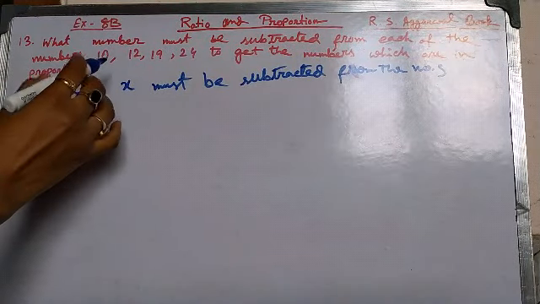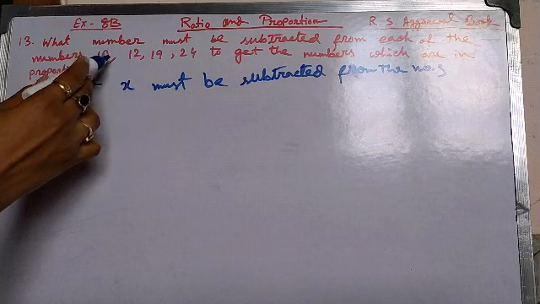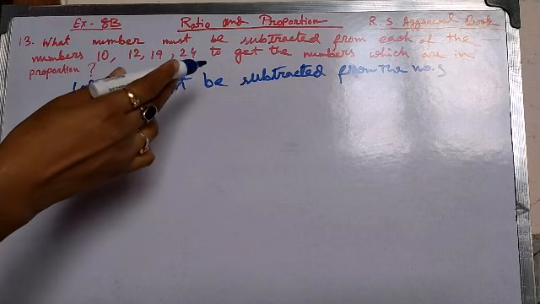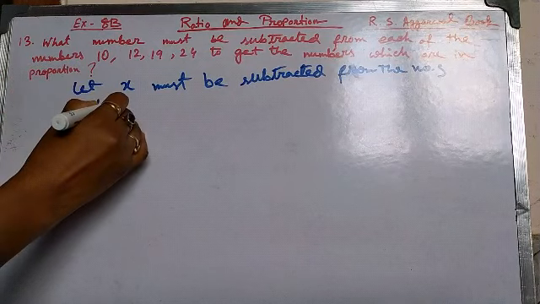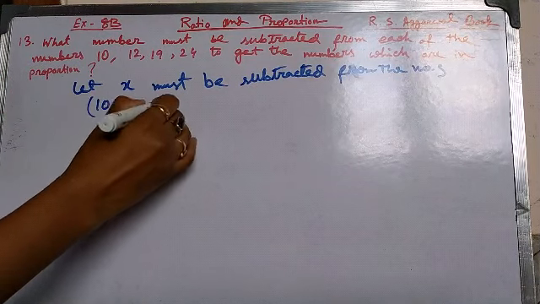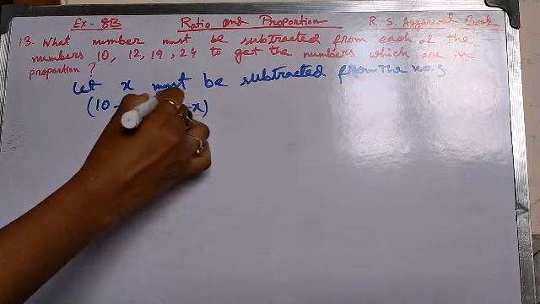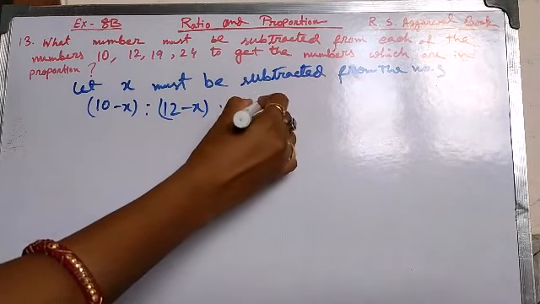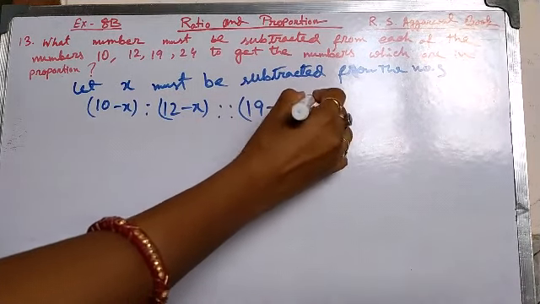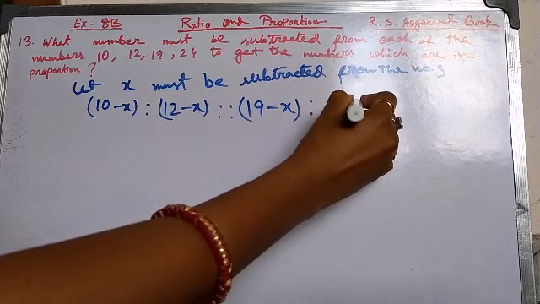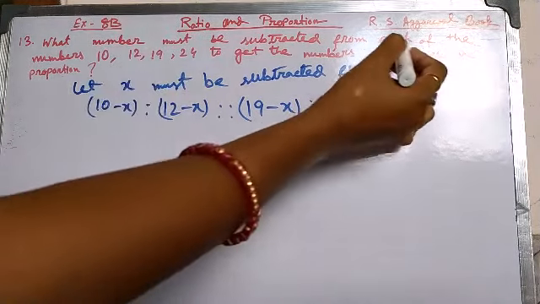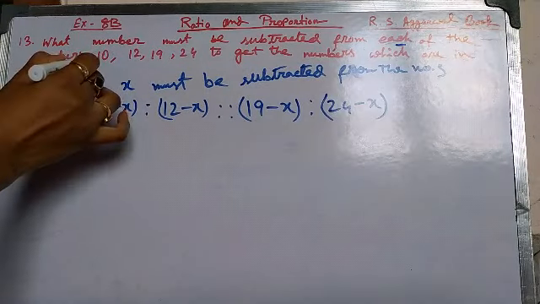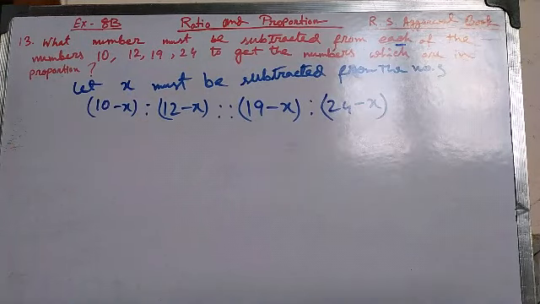After subtracting x, these numbers will be in proportion. That is given. That's why 10 minus x is to 12 minus x, in proportion to 19 minus x is to 24 minus x. Here it is given, subtracted from each of the numbers.